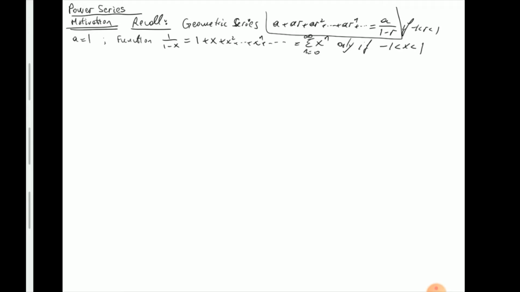So I want you to pay attention that there is an advantage in the sense that we can replace a function with a series. And the advantage is, just to state it right from the beginning, in general, it is easier from a calculus perspective to work with powers of x. So imagine you have a more complicated function. Not that this is overly complicated, but other ones might be more complicated.